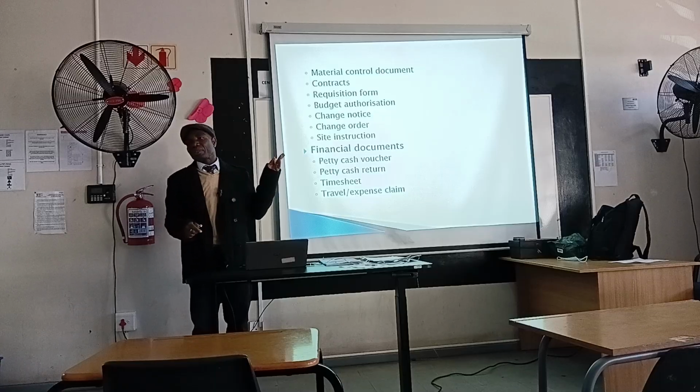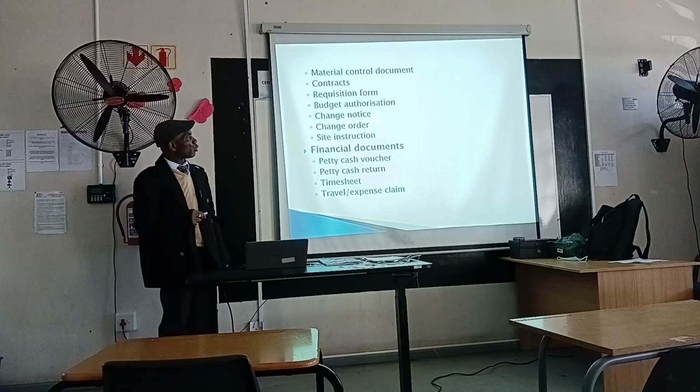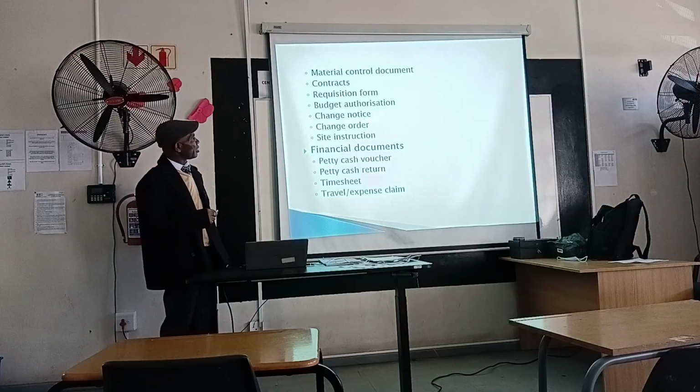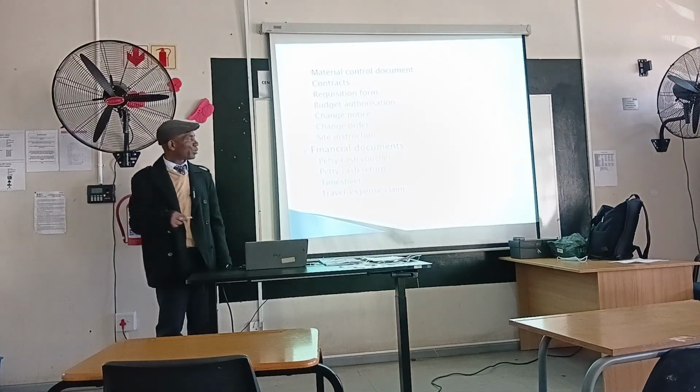Then they will take it to the purchasing or procurement department or finance to organize whatever has been requested. Then budget authorization, it's a kind of template. Change notice, if there are changes to be made to the scope of the project.